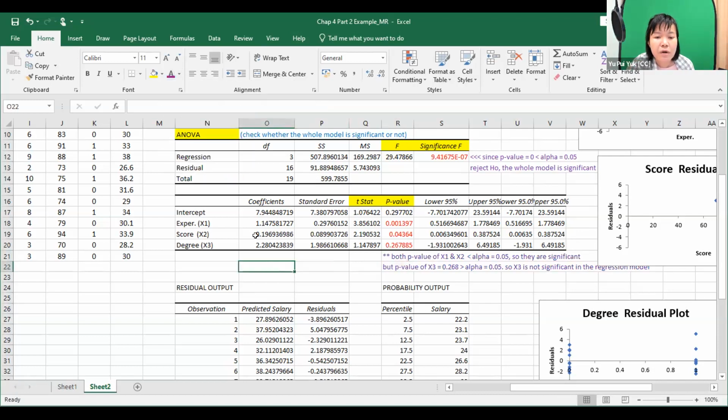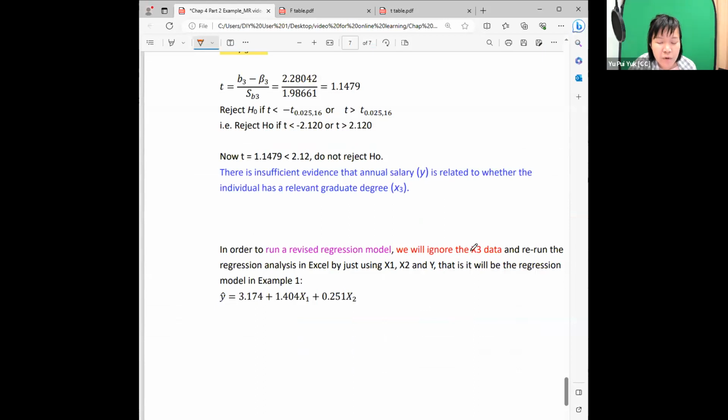Therefore, going back to the Word file, in the example we will ignore the X3 data and run the regression analysis in Excel using just X1, X2, and Y. After rerunning, here is the fitted regression model, which shows X1 and X2 are related to variable Y, and the whole model is significant, and the individual X1 and X2 are also significant in the regression model.